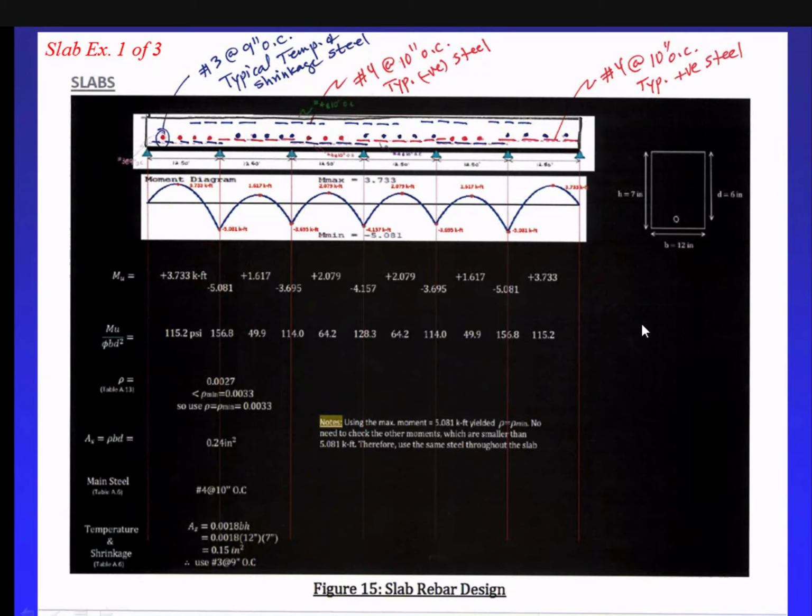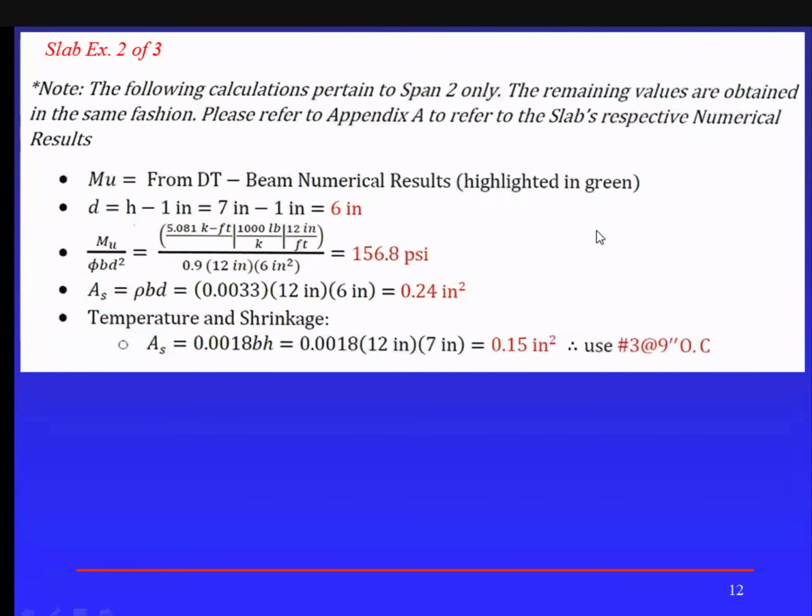And remember how we take 1 foot strip of the slab, 12 inches, so B equal 12 inches. Okay, and then I'm going to put the bars at the bottom. So D is going to be roughly 7 minus 1 inch equals 6 inches. And then the way we do it here, D equal H minus 1, 7 minus 1 equals 6.